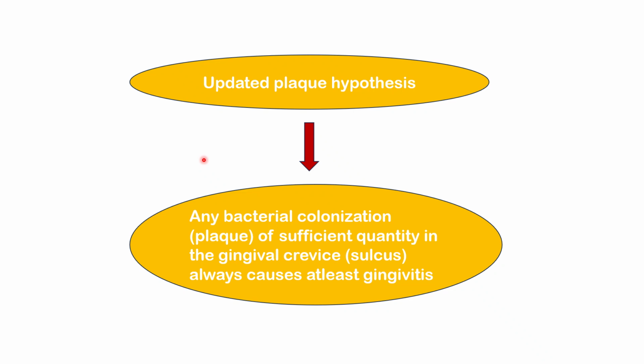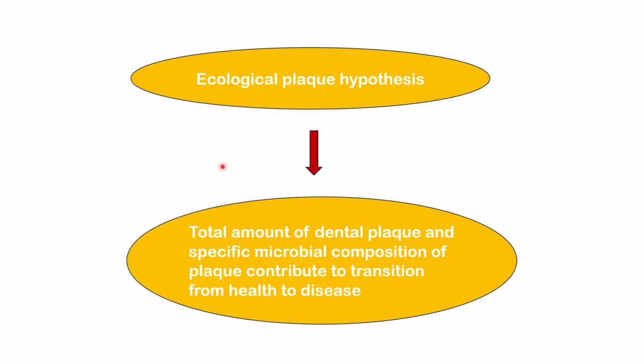Next is the updated plaque hypothesis. According to this, any bacterial colonization, that is plaque of sufficient quantity in the gingival crevice, always causes at least gingivitis. Next is the ecological plaque hypothesis. According to this, the total amount of dental plaque and the specific microbial composition of the plaque contribute to the transition from health to disease.